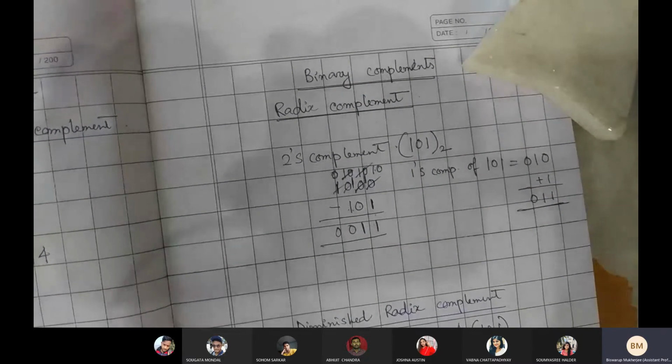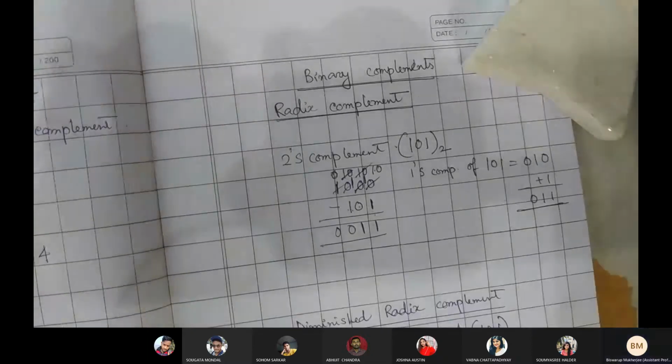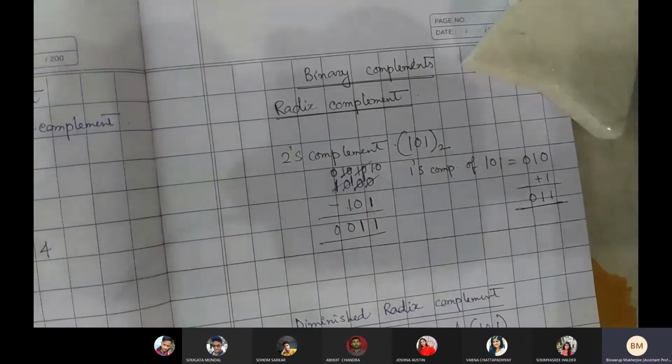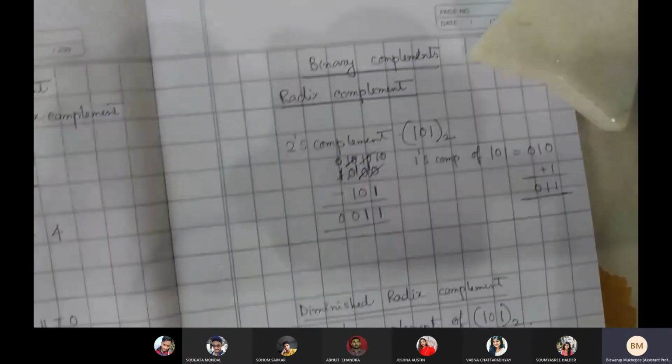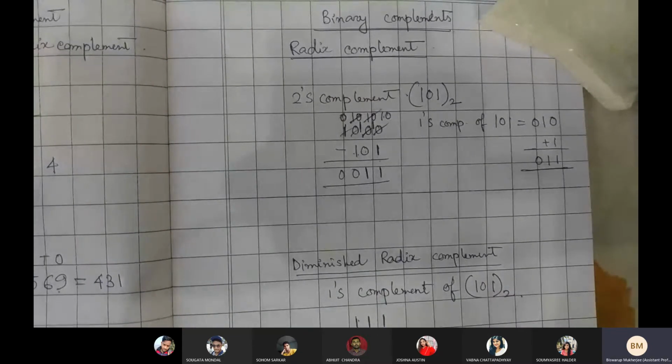Now why are we learning this complement system? It is also there in the decimal number system. Why are we learning this? It's because, as hopefully you know, computers generally do not subtract directly.